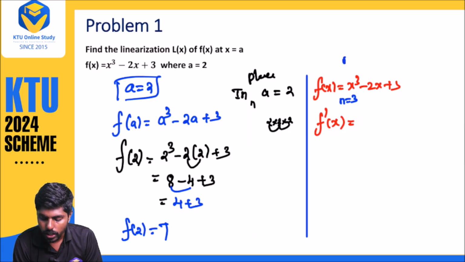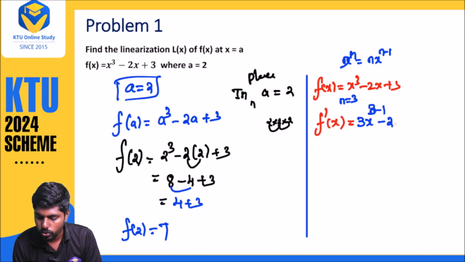We know the thing: derivative of x power n is n into x power n minus 1. N equal to 3 means 3 into x power 3 minus 1, that is 3 into x square. Then minus 2 into x power 1; x power 1 means 1 into x power 1 minus 1, and x power 0 is nothing but 1.